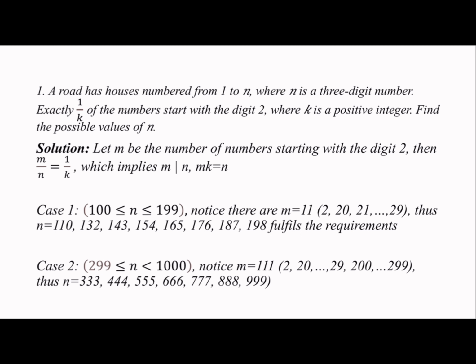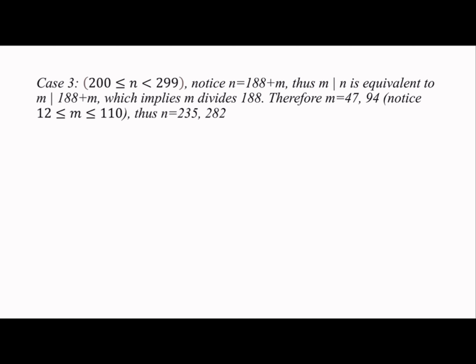The third case would be a bit tricky, and we would have 200 smaller or equal to n smaller or equal to 299. Notice here n is equal to 188 plus m. So m divides n is equivalent to m divides 188 plus m.